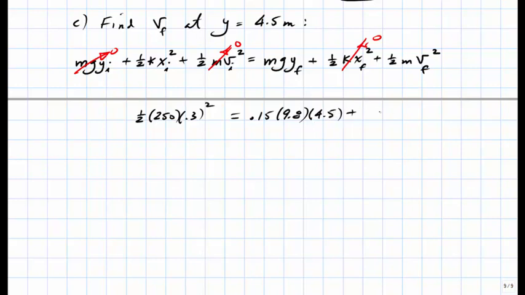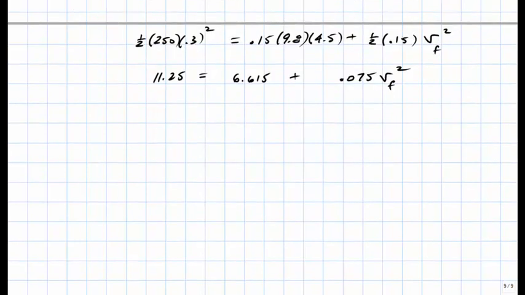Plus 1/2. The mass equals 0.15. And we're trying to determine the final velocity. Once again, the left-hand side has already been calculated as 11.25. The first product on the right equals 6.615 plus 0.075 v final squared.